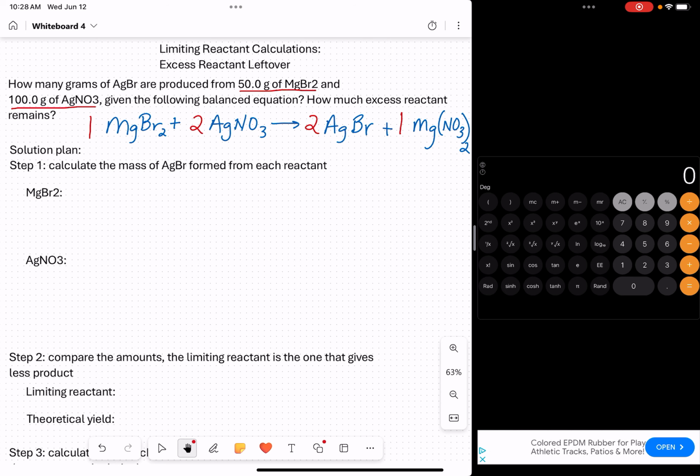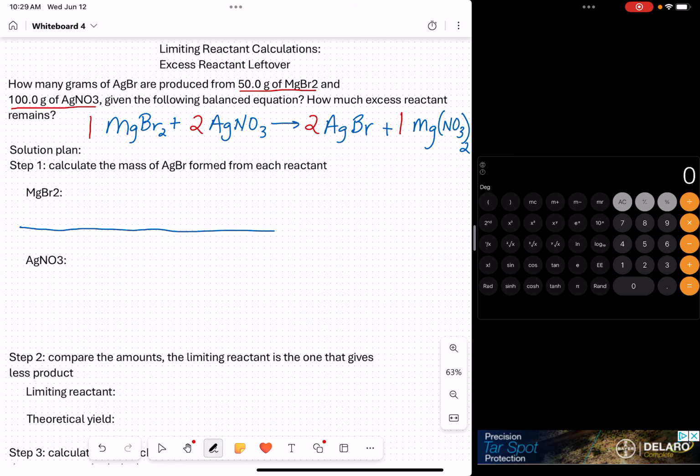So all of these are going to be a 3-step conversion problem. So I need to set up my 3-step conversion template.